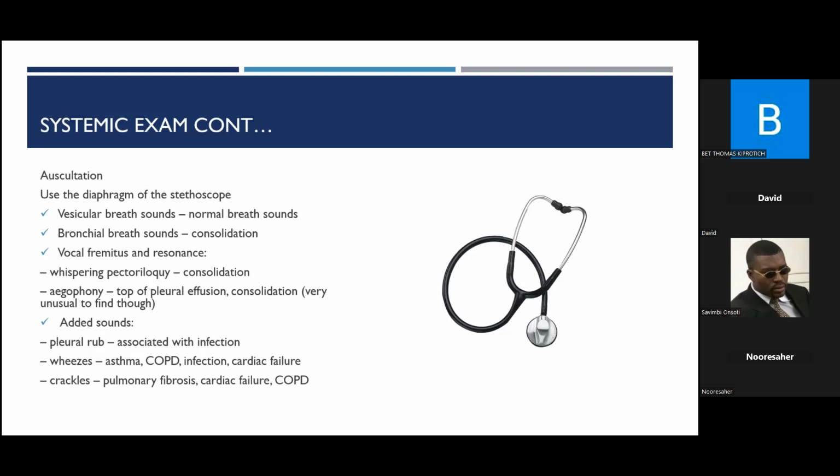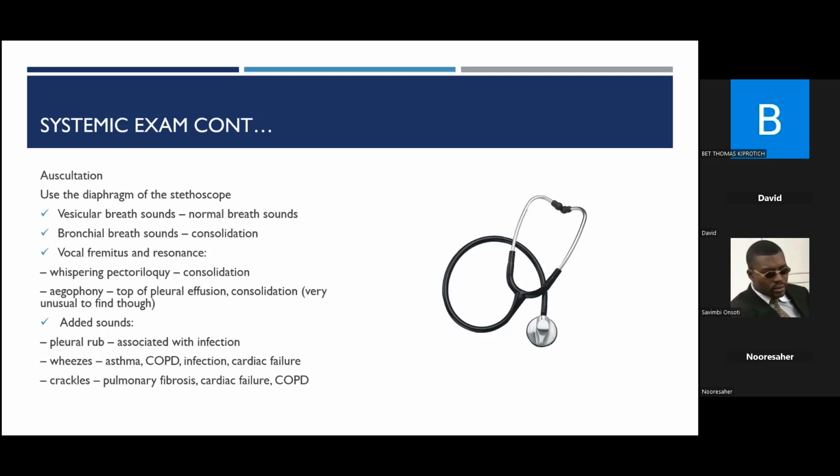Then there's the vocal fremitus. While you're auscultating, you could ask the patient to utter the words 99, 99, something like that.